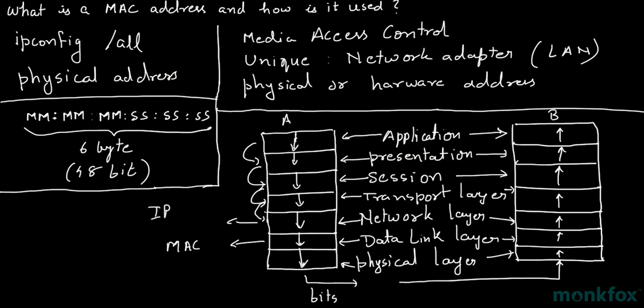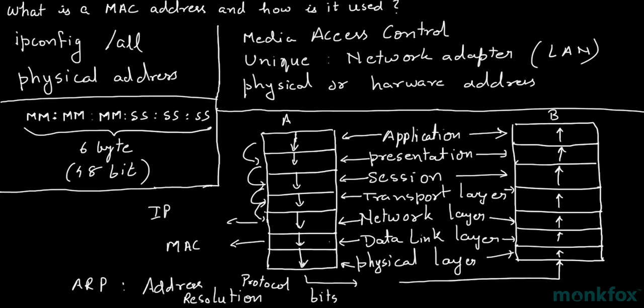So the data link layer sends something called an ARP request, also called address resolution protocol. The data link layer sends an ARP request over the LAN network, asking who has this particular IP address, which is the target IP address set by the network layer.